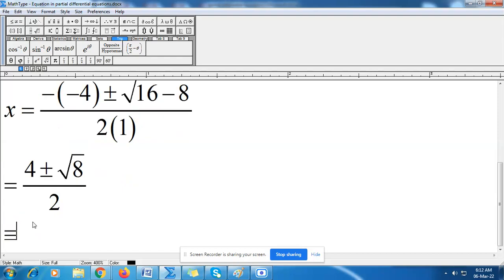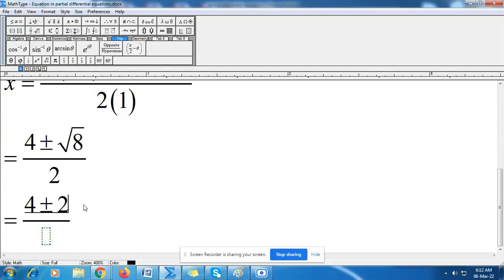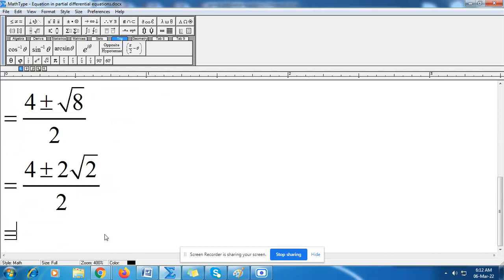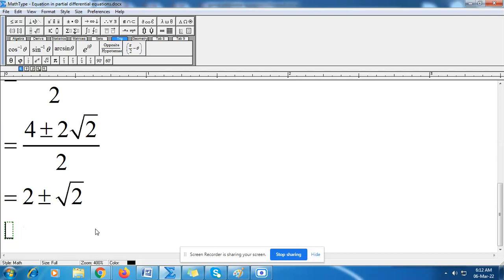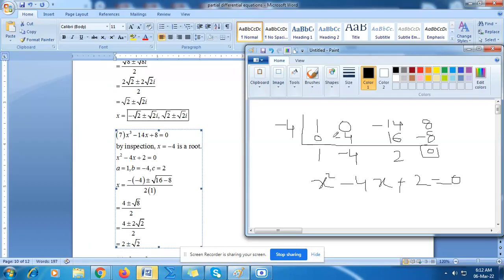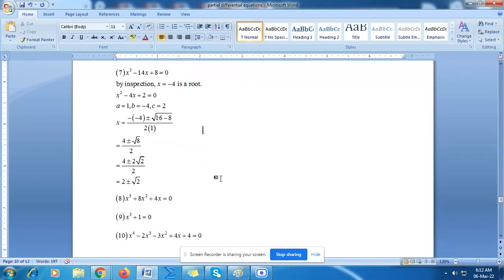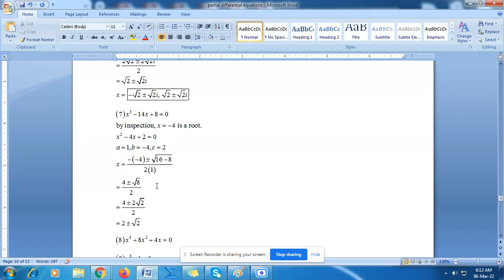We may simplify that: 4 plus or minus root 8, which can be written as 2 root 2, by 2. And then 4 by 2 is 2, plus or minus 2 root 2 by 2, which is root 2. So finally we have three roots.